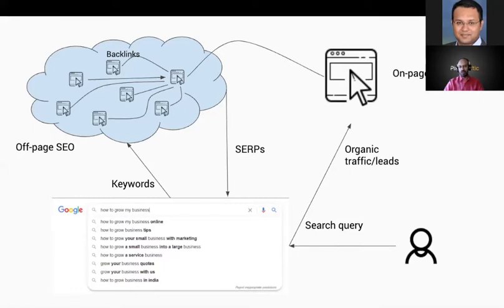Now, just to give you a small analogy of how backlinks are used by Google, think of a science research paper. If it's a paper that you've written with a lot of work, and then other researchers start to refer to this paper in their own work, what is called citation, right?